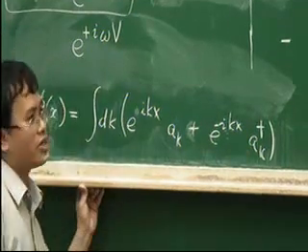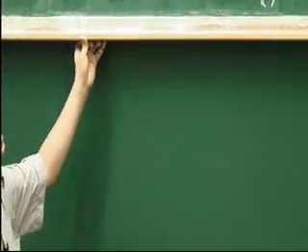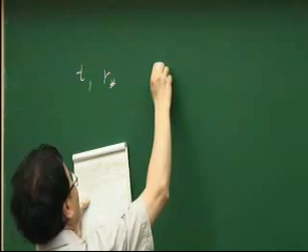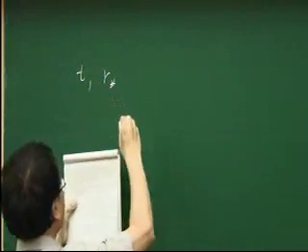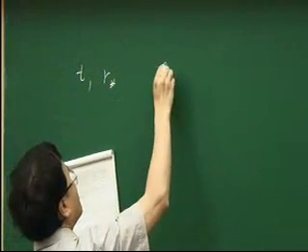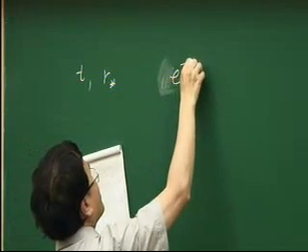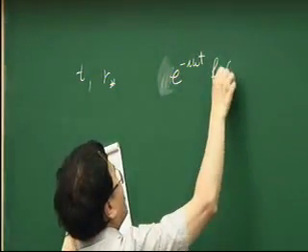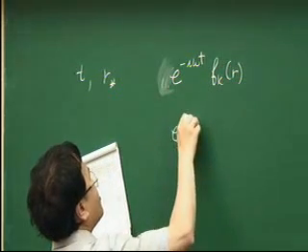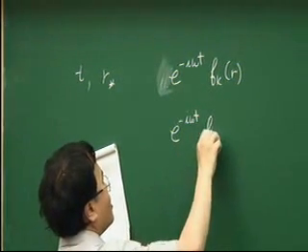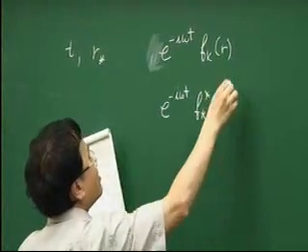If I solve the equation in the original coordinates, in the t and r star coordinates, I find solutions. There are two solutions, as we talked about. Let me call that f of k. So there are two solutions: e to minus i omega t, f of k of r, and e to minus i omega t, f of k star of r.